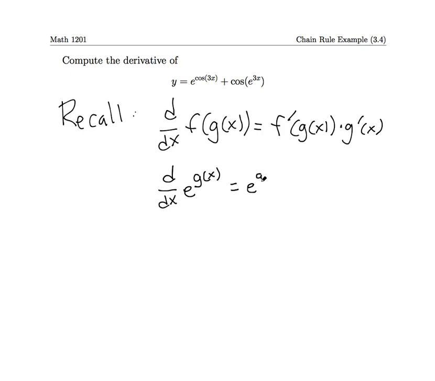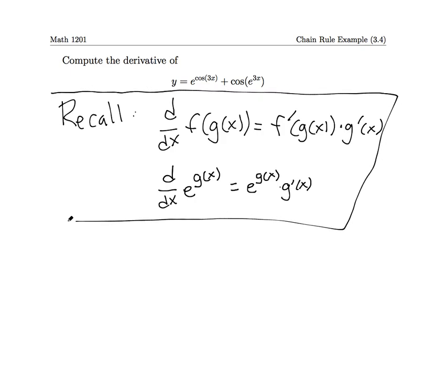That derivative will always be e to the g of x times the derivative of g of x, so times the derivative of the exponent. Okay, so these are the relevant rules for us in this example.